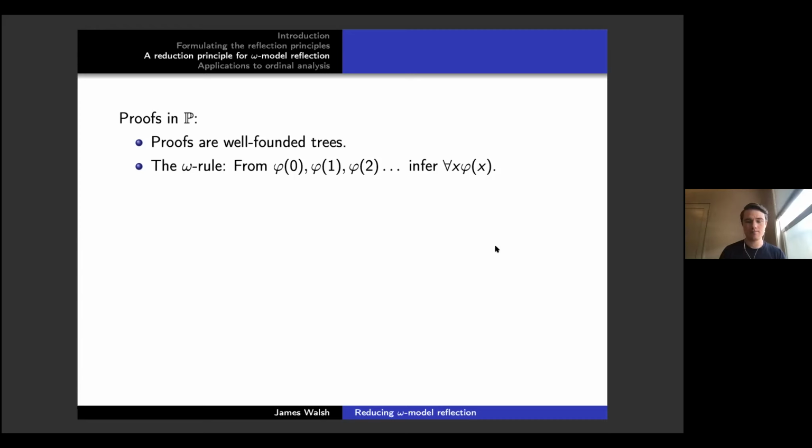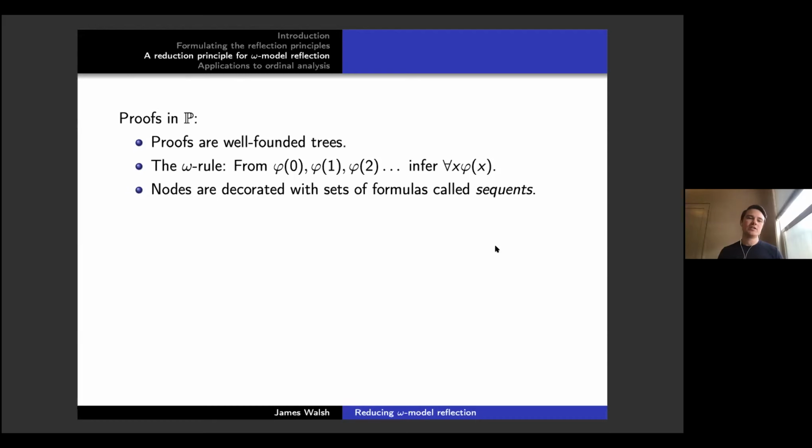So this means we have a rule that has infinitely many premises, and there will be times when a node has infinitely many predecessors in the proof. We're trying to develop a proof system that's sound and complete with respect to omega models, so this rule is sensible.